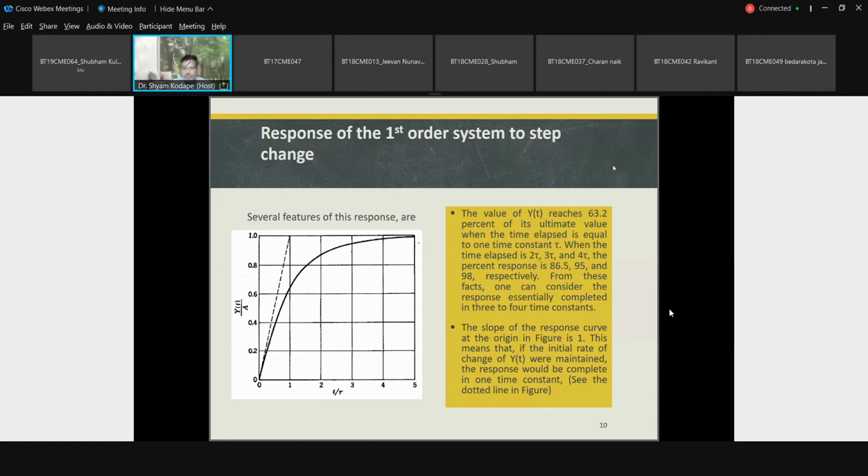Yt reaches 63.2% of its ultimate value when the time elapsed is equal to one time constant tau. This is the property of the response when the first order system is experiencing a step change in the input. It represents the ultimate change from 0 to 1.